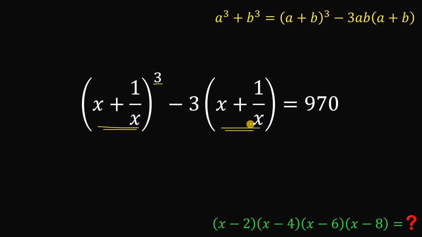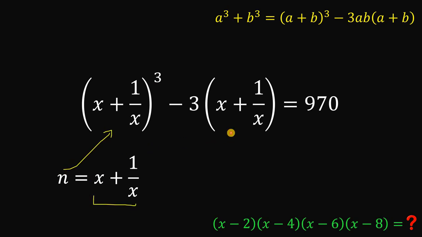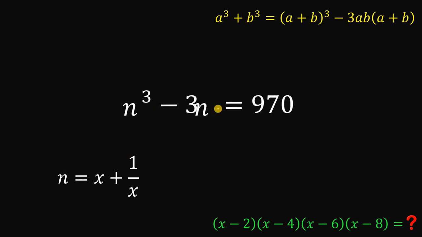As we all know, if we see a lot of similar terms, we need to replace this with another variable. Now let's call this n. So we can replace x plus 1 over x with the variable n. And if we do that, we get n cubed minus 3n equals 970.